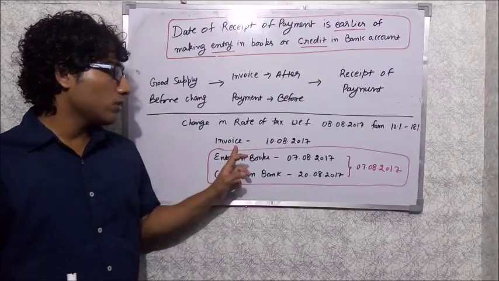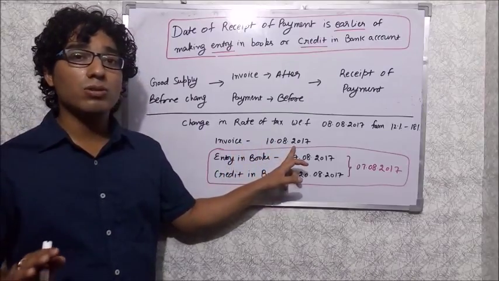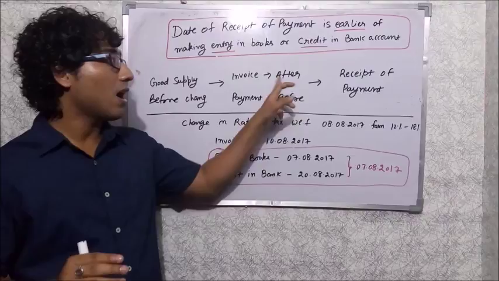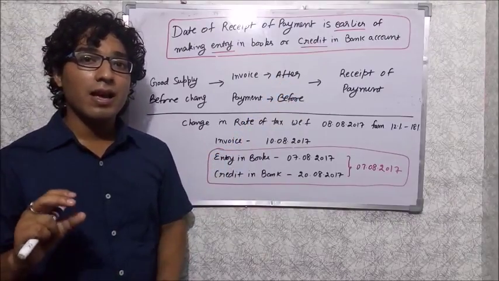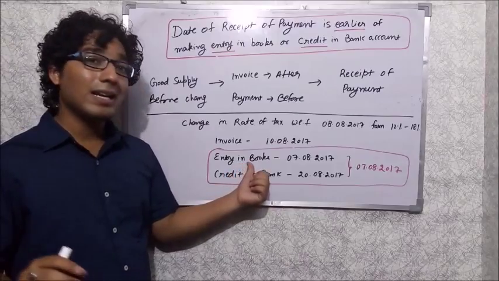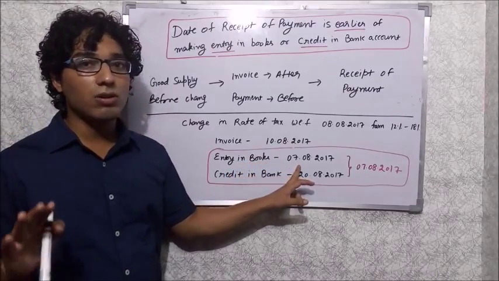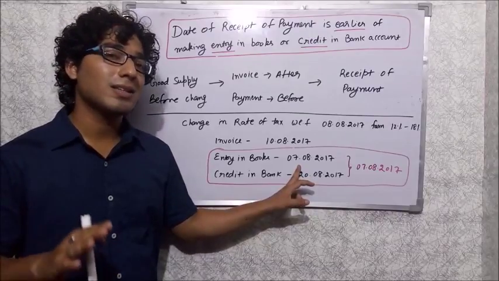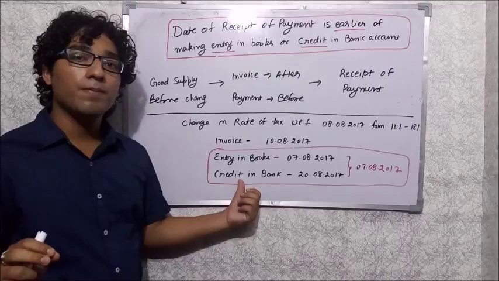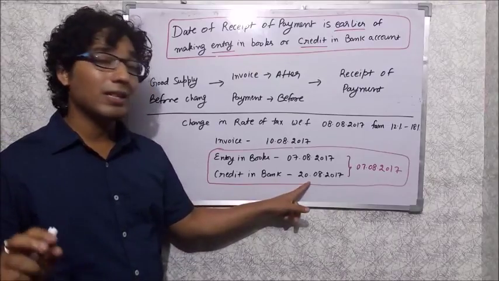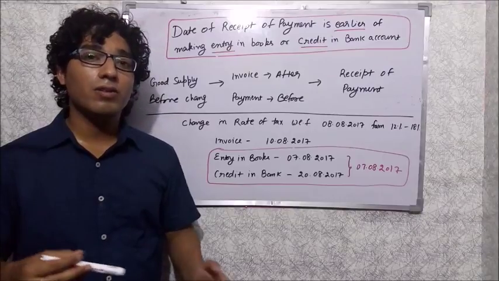So suppose in our example the date of issue of invoice is 10th August 2017, which is after the change in effective rate of tax, and the date of entry in the books of account by the supplier is 7th August 2017, which is before the change in effective rate of tax, and the date of credit in the bank account is 20th August 2017, which is after the change in effective rate of tax.